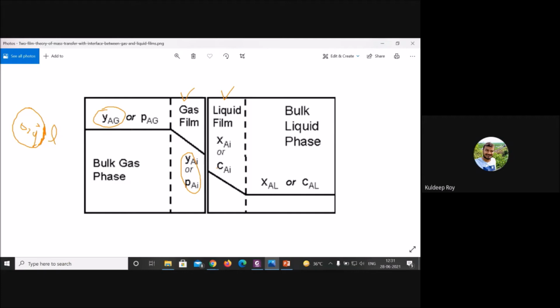A is for the component, and for gas and liquid both we have mentioned, correct? For gases Y, and for the liquid in terms of C or X. Have you got my point? This is the bulk, this is for the interface for liquid, and this is for gases. So you have got a little idea that there will be an interface around the gaseous bubble, and there will be a small gas film and a liquid film.